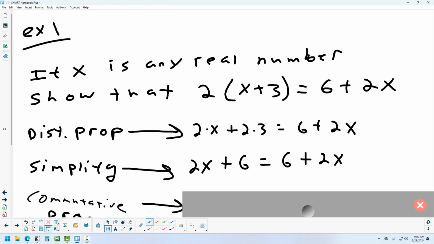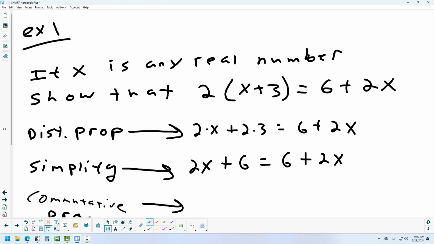And now what we have on the left and the right, it's not exactly the same, but it's close. The property that allows us to, what did I say commutative property has to do with? The order or the grouping? Yeah. The grouping? So the grouping is associative. So commutative is the order. And that's the property that allows us to change the order you're adding two things.